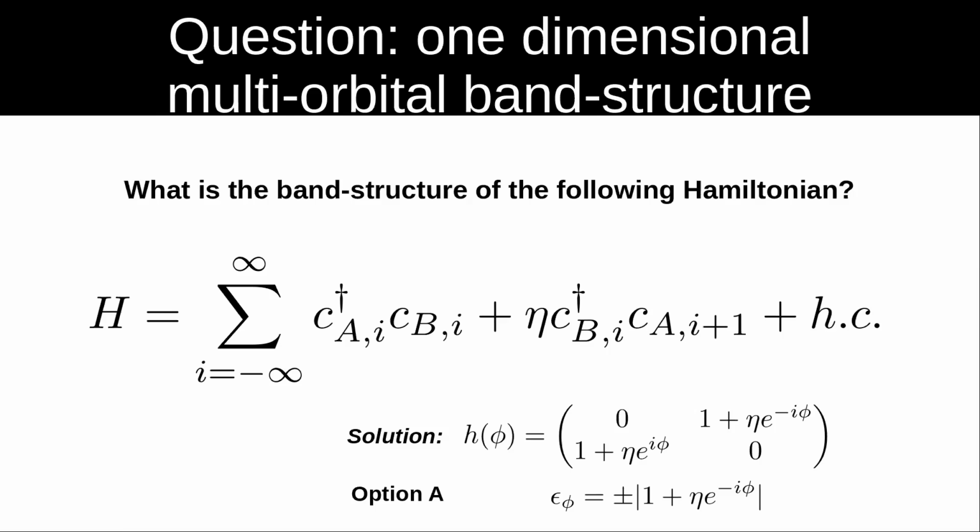But at this stage, let us just remember that we can compute eigenvalues for multi-orbital Hamiltonians just following this strategy. See how many orbitals you have in a unit cell. This determines the size of the matrix that you have to write down.